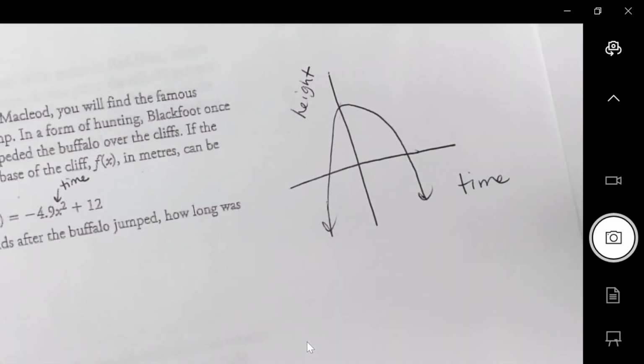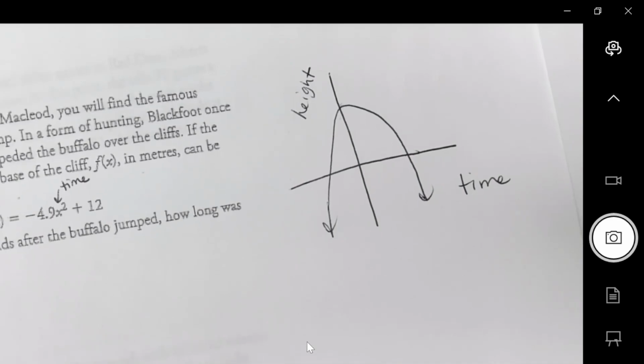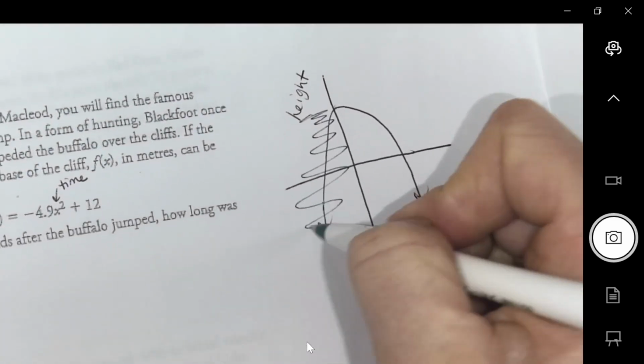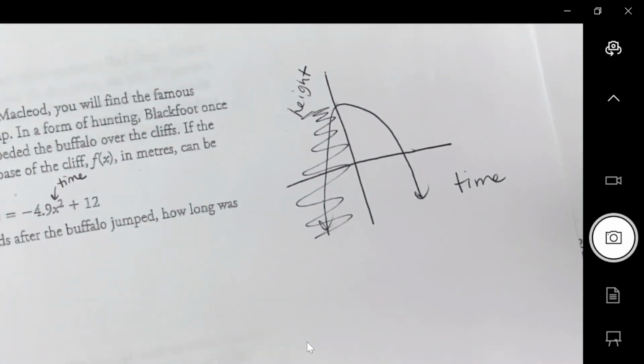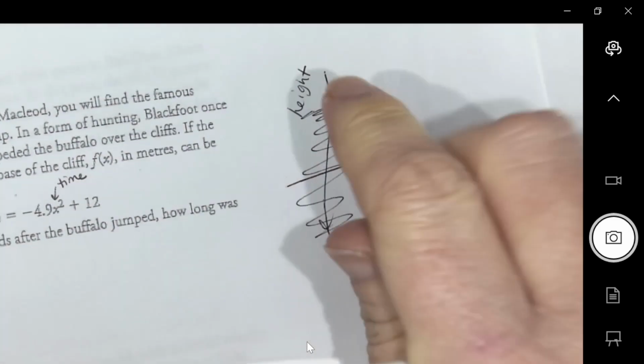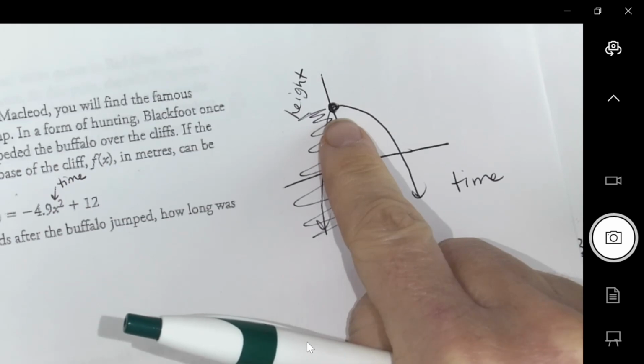Now, I know that this is the graph, but when it contains a word problem, do you understand that part of this graph technically won't exist? What doesn't exist in this? Negative time. Yeah, negative time. So this part of my graph really doesn't exist, and this would be the start of my graph.